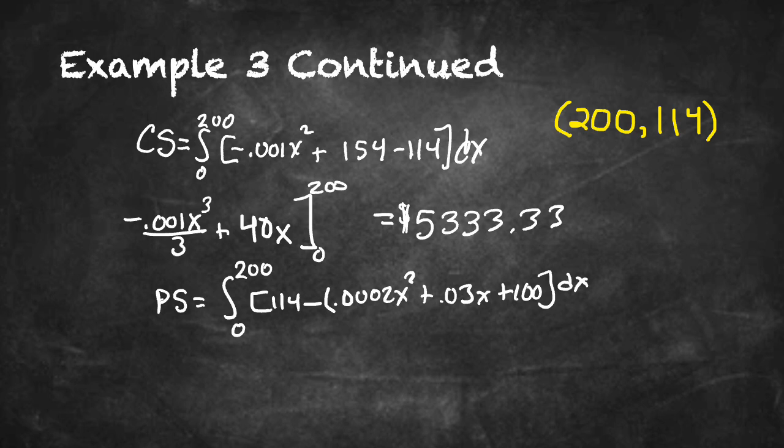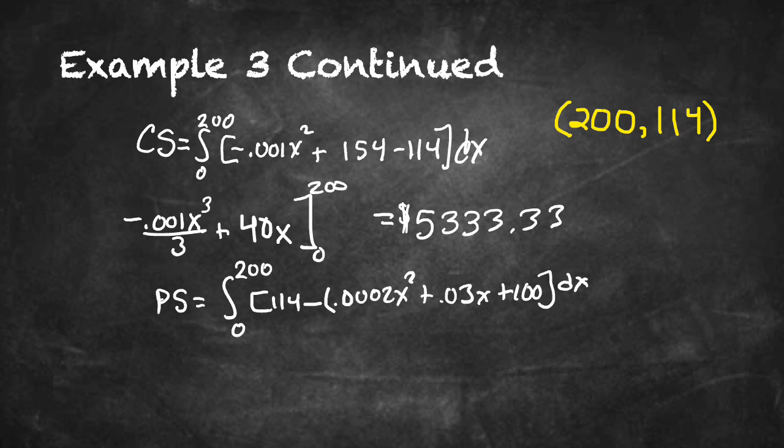Now to find the producer surplus, that's the difference between what the customer pays and what the producer is asking. When that is positive and it's a bigger number, then that means the producer is benefiting. And so to find the difference between the price and the supply function, we're going to take 114 minus, that's the price, the supply function, which is 0.0002x squared plus 0.03x plus 100.